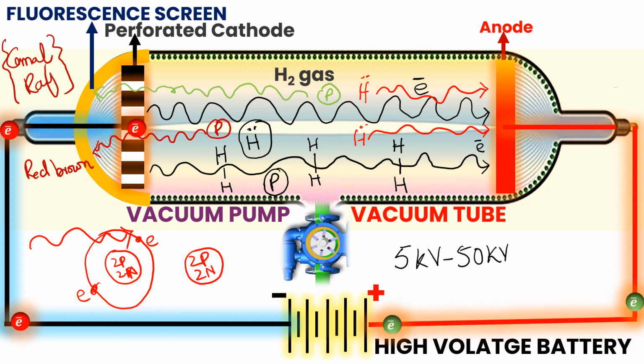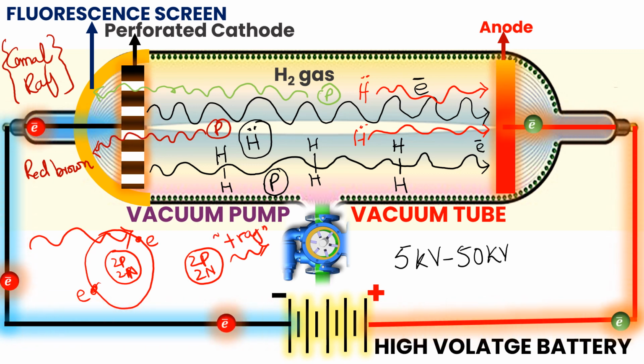So as a whole, these are different particles inside the nucleus of the helium atom, so it will be just a positive ray, a canal ray or channel ray, but it will never be called a proton.